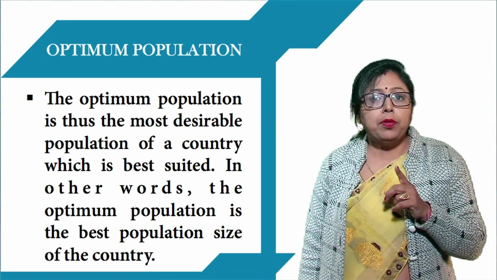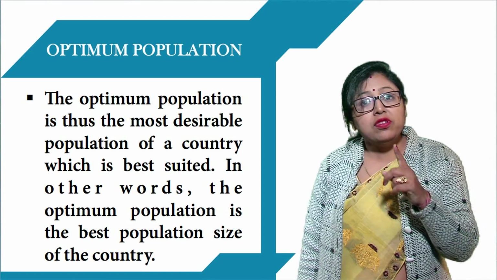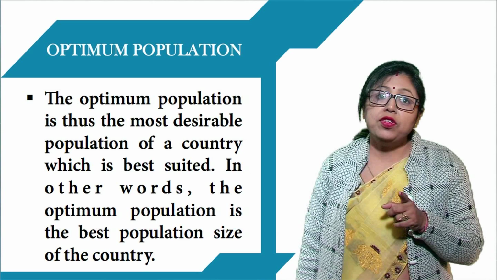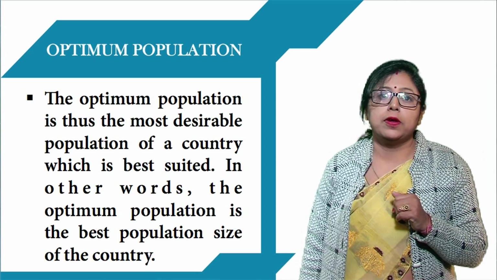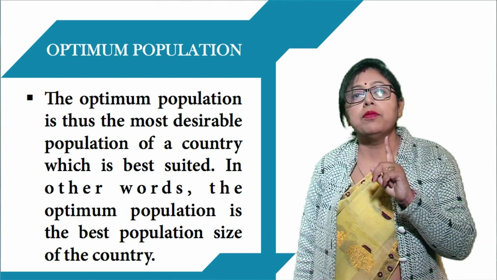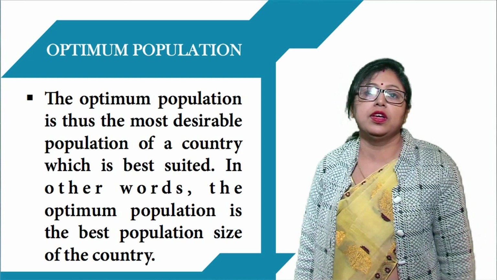The optimum population is thus the most desirable population of a country, which is best suited. In other words, the optimum population is the best population size of the country. Actually, optimum population is basically an economic concept which implies a balanced relationship between population and the resources in an area or a country.